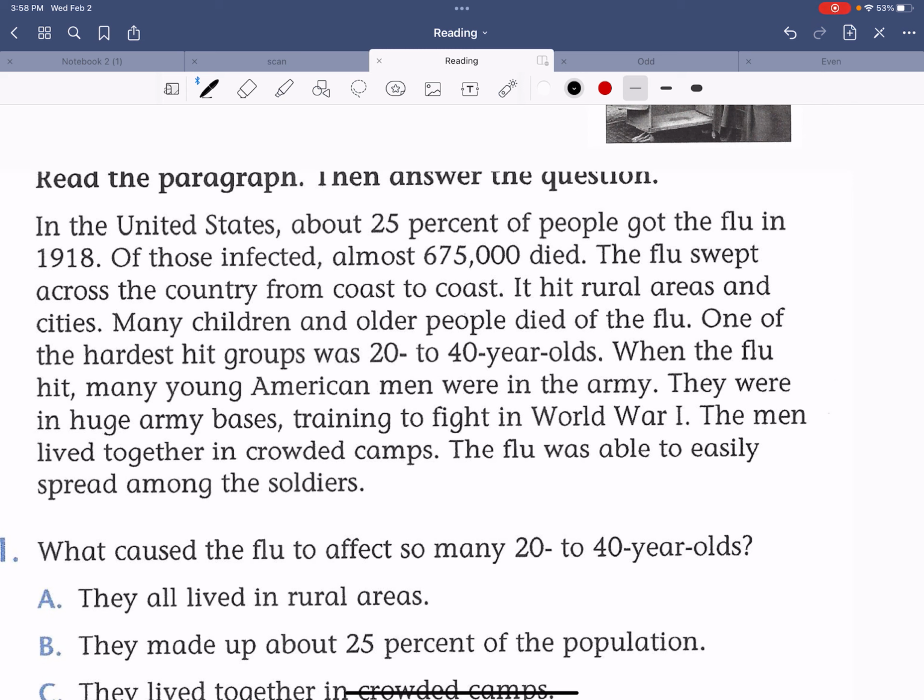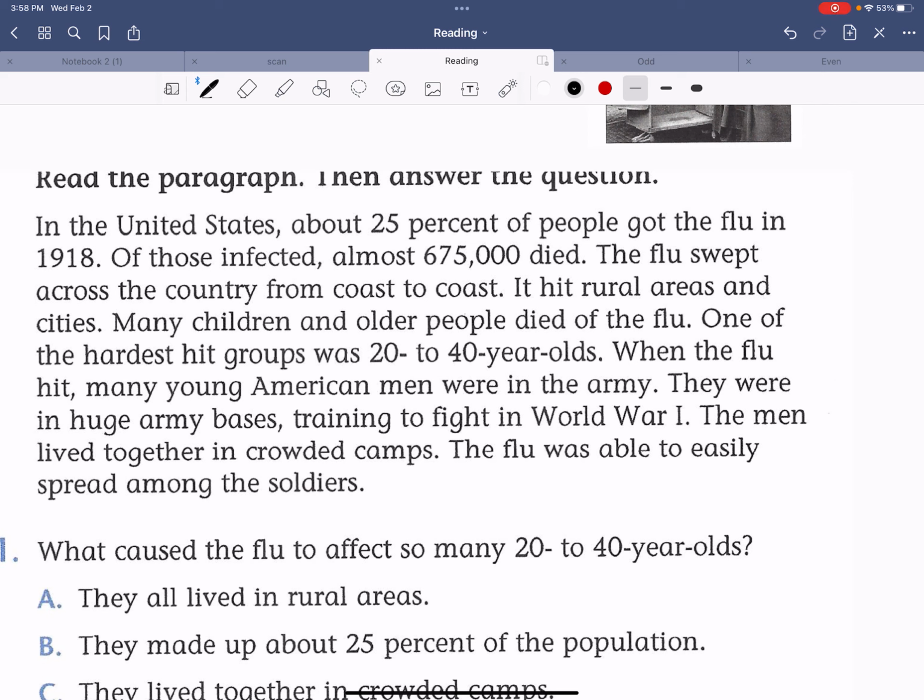The flu swept across the country from coast to coast. It hit rural areas and cities. Let me just stop here. A rural area is the antonym of a city. Rural means country, out in the country. Cities are urban. So it's telling me that it hit both the country areas and the cities.